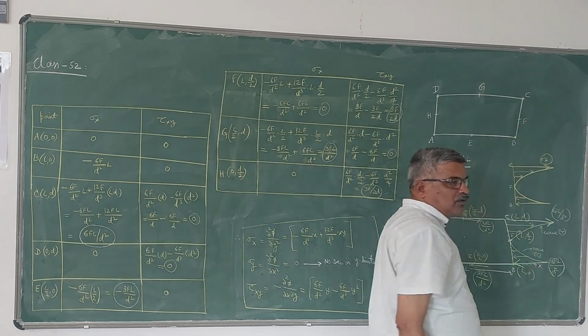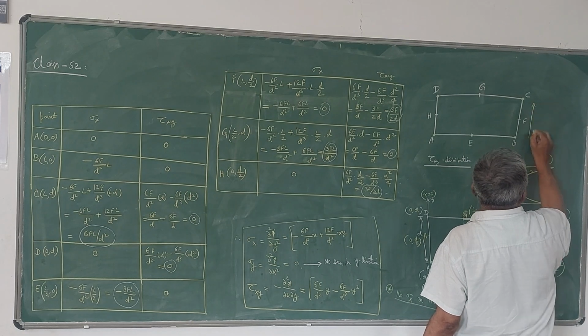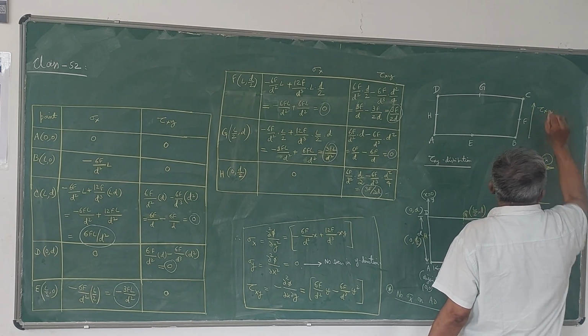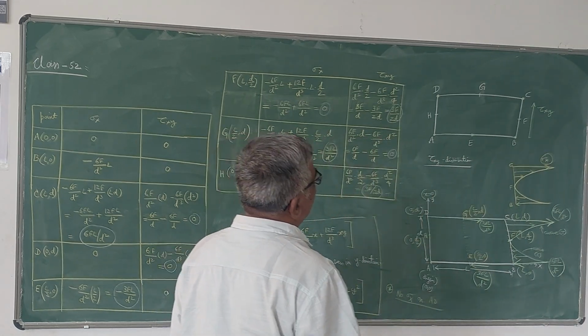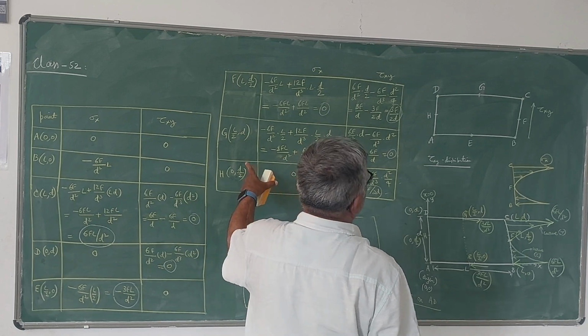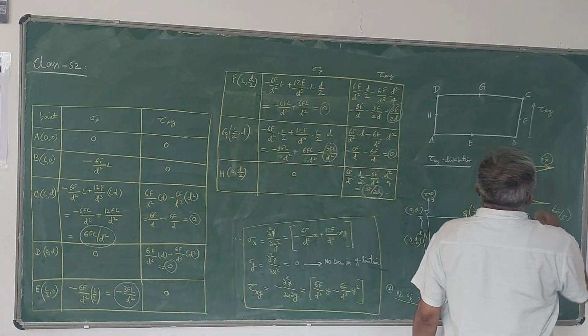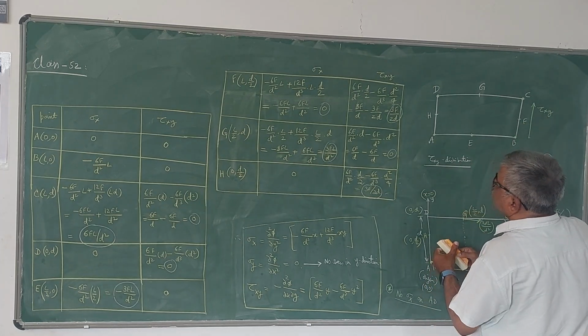Now, how do we show the shear force? This is not tau xy, but its value is 3F by 2D. What is its value at C and B? It is 0. That means at F its value is more, 3F by 2D.